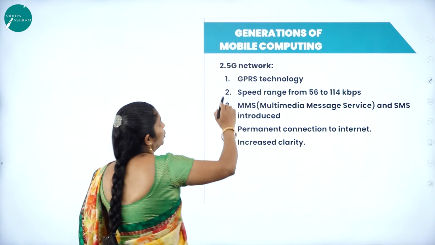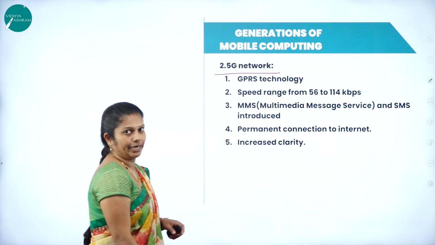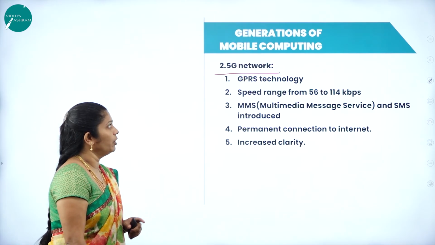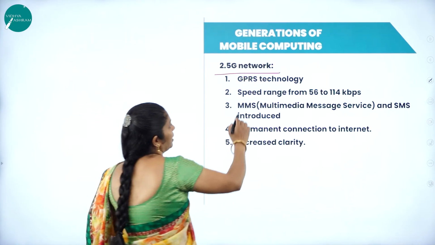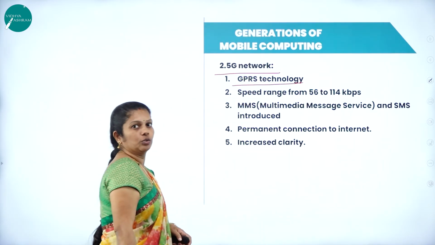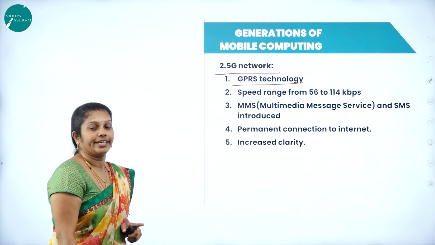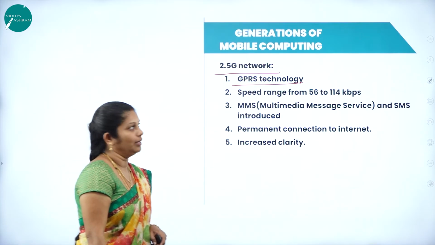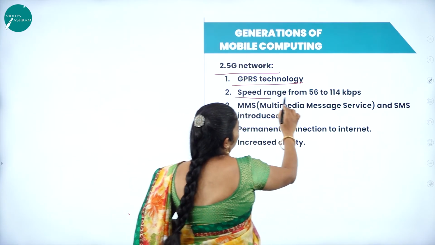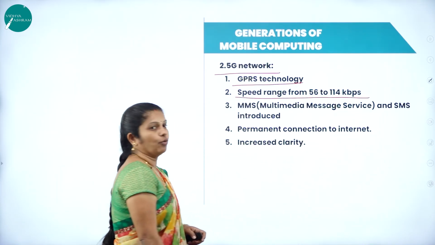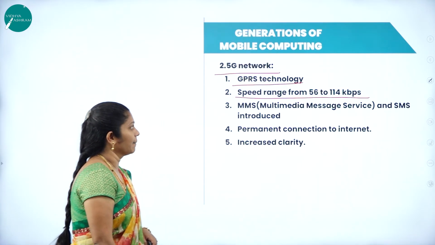Next we'll move on to the 2.5G network. When we come to the 2.5G network, GPRS technology is introduced. Speed ranges from 56 to 114 kilobytes per second.